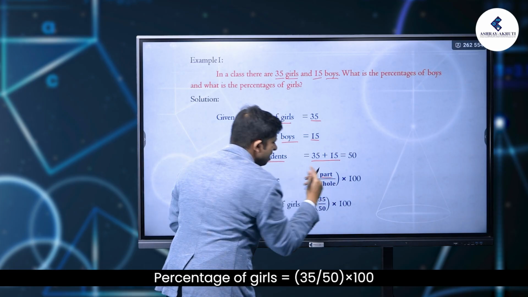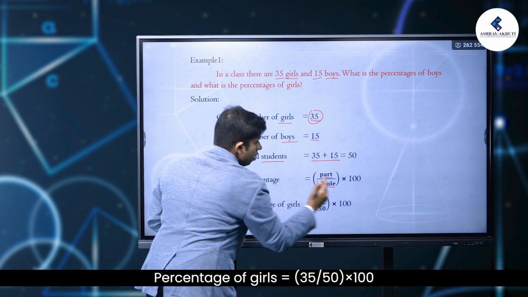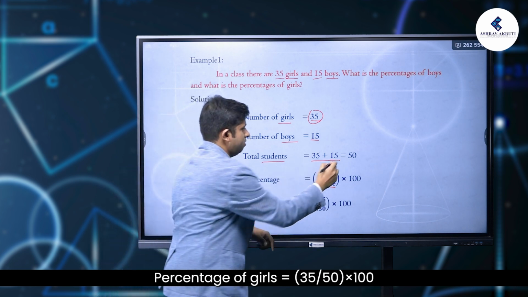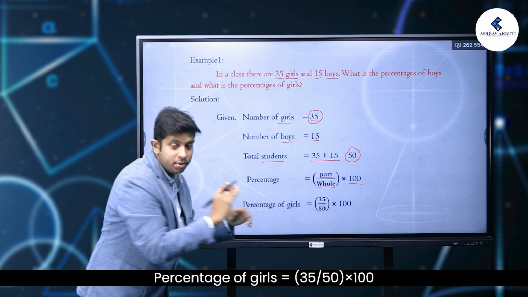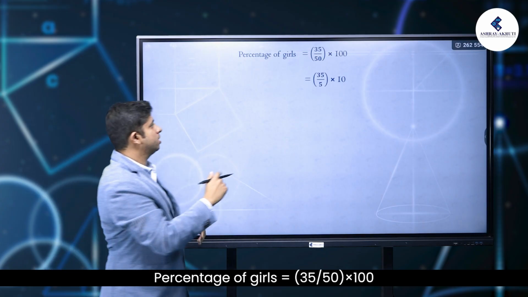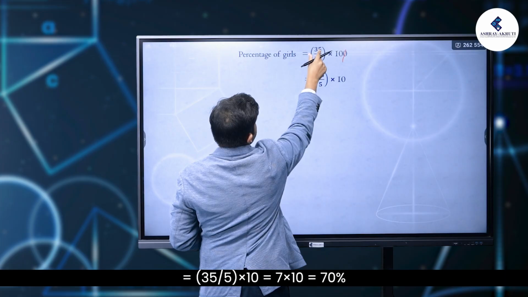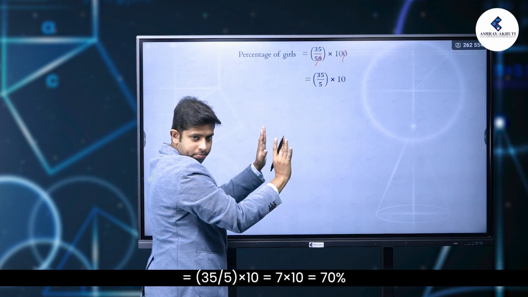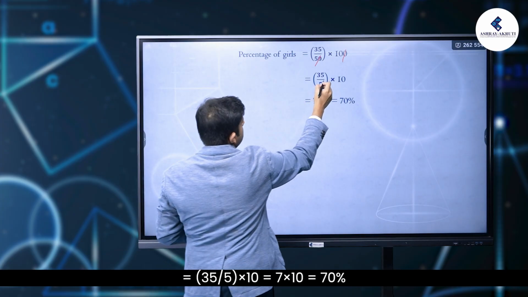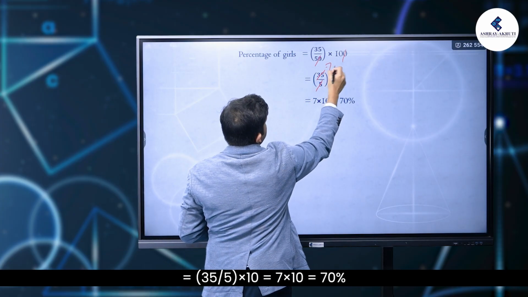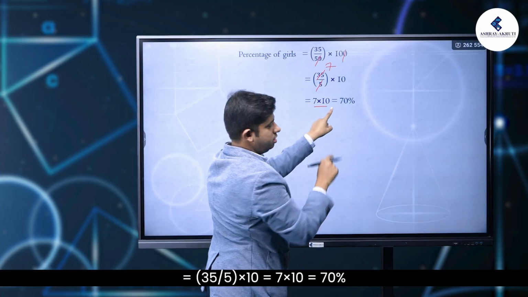Percentage of girls is equal to 35 by 50 into 100. 35 by 5 into 10 equals 7 into 10, which equals 70%.